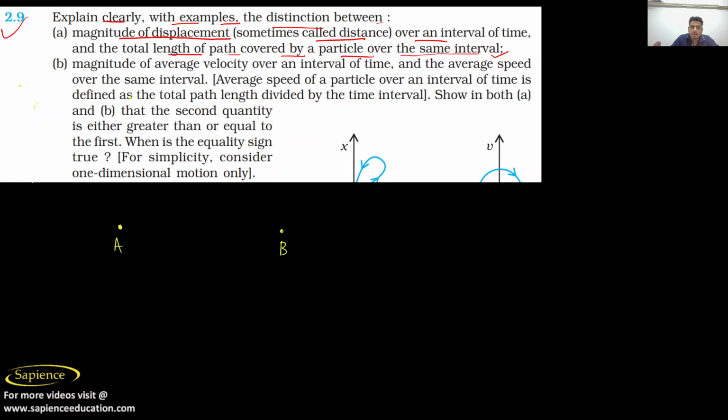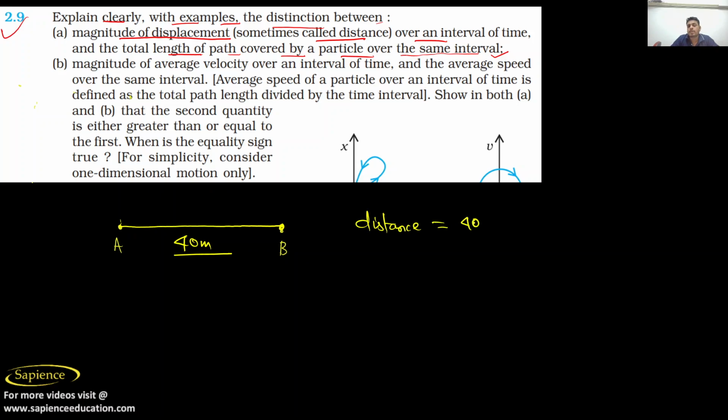See here, an object is traveling from point A to point B. When it is going from point A to point B in this path, let the path be 40 meter. Now tell me, what is the distance traveled?